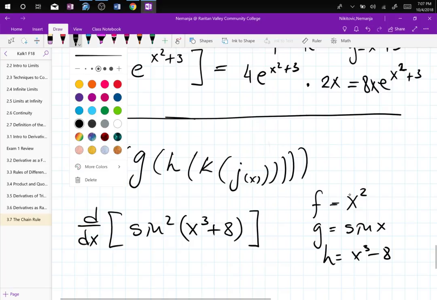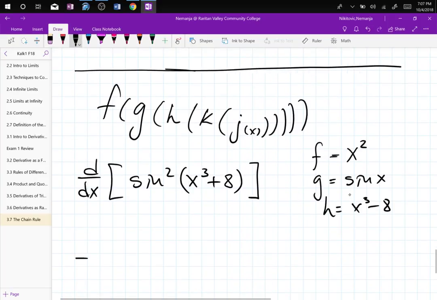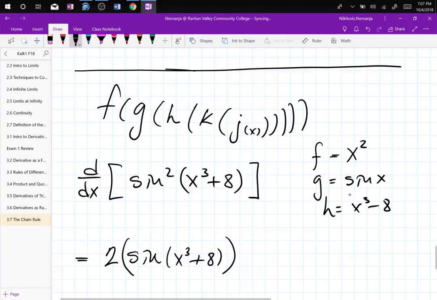So now, what is the response for chain rule here? The response is the derivative of x squared is 2 times the derivative of the inside, which is sine. Now, this is the tough part to see. This used to be, I'm going to erase this. Please look at the screen. This used to be sine squared.